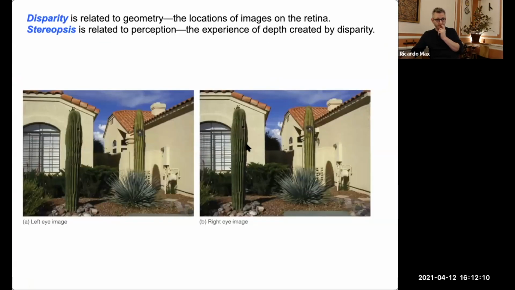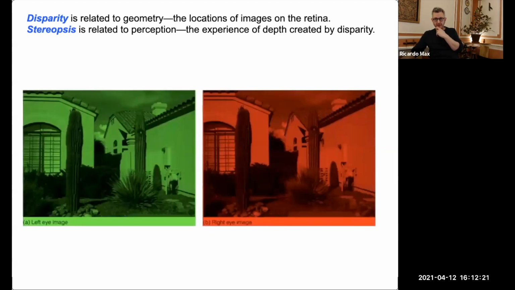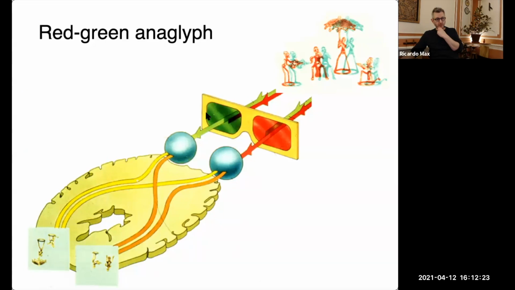Let's say we take these two pictures from the distance between two eyes, and then one you paint red and the other green. And if you use one red and one green lens, only one of the pictures will reach each eye, because the green picture will be filtered by the red. Next lecture, we will understand exactly what this filtering is, but intuitively you can understand, right?